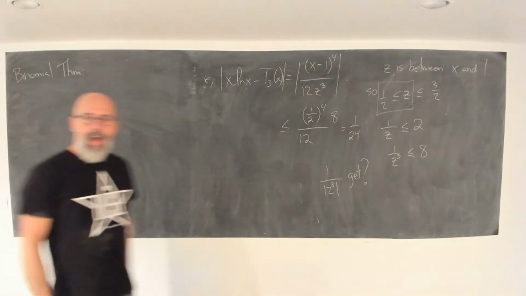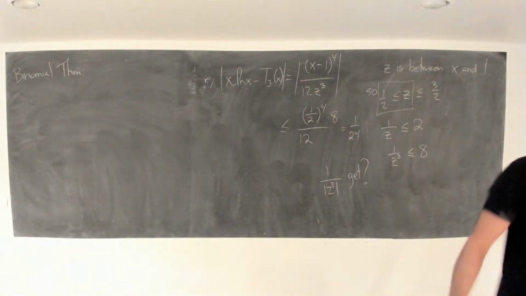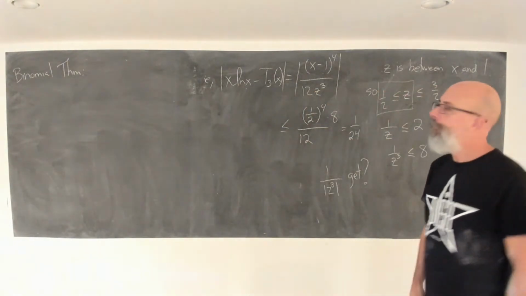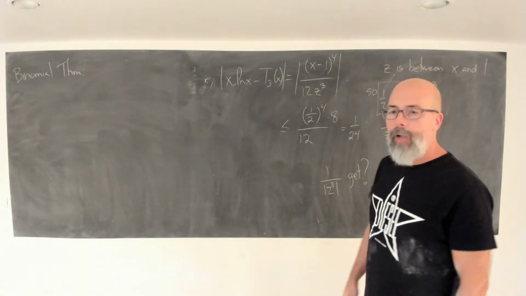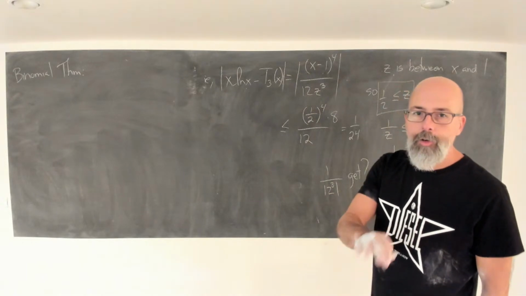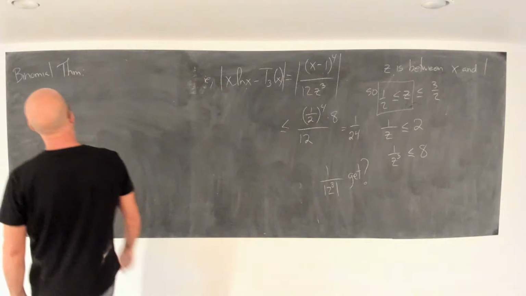A lot of people have been asking about the binomial theorem, and I know that it looks overwhelming. There's nothing going on there. What does the binomial theorem say?